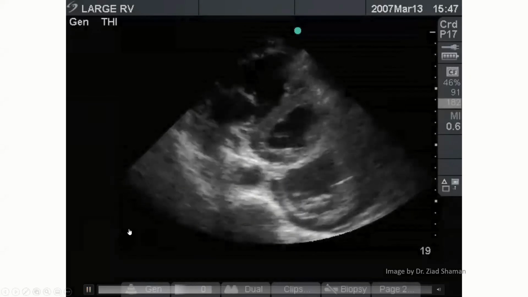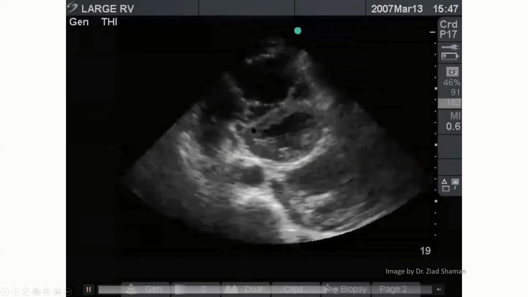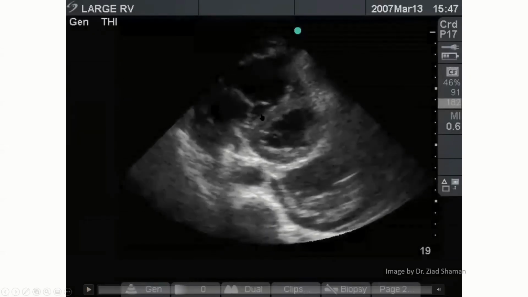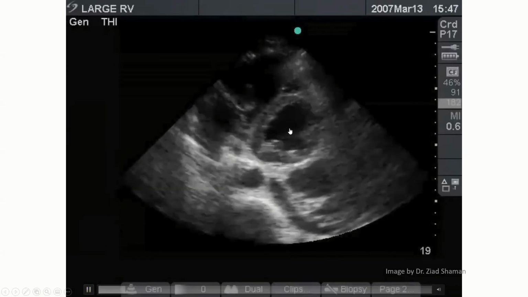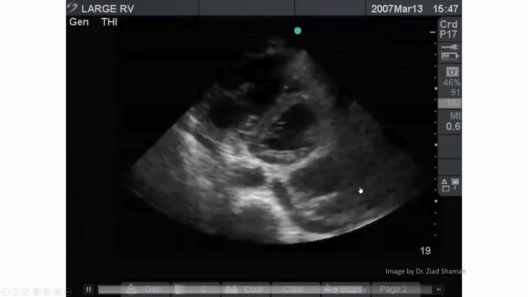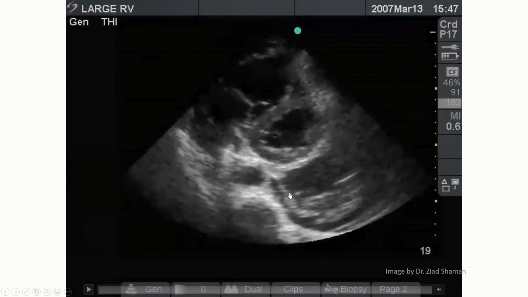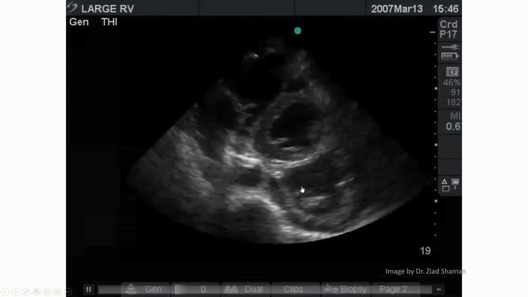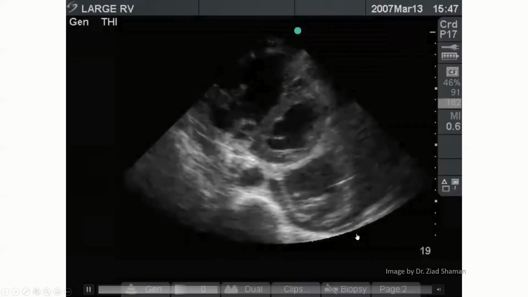This is a cool example. This is an echocardiography image. We see the left ventricle and the right side, but we also see additional chambers here. It looks like the LV, but it is different and spaced in this direction.